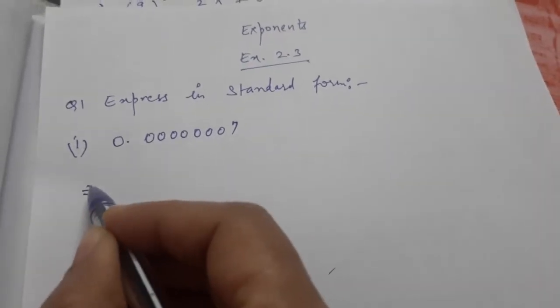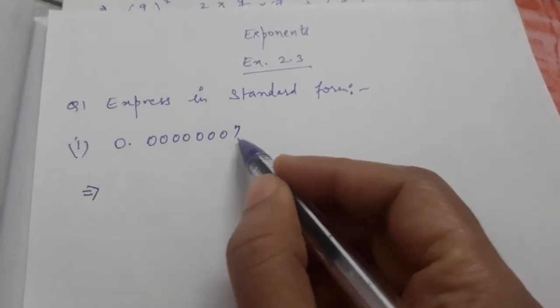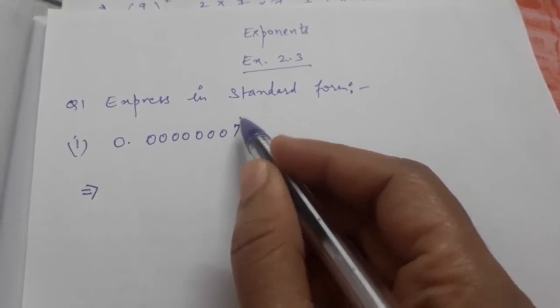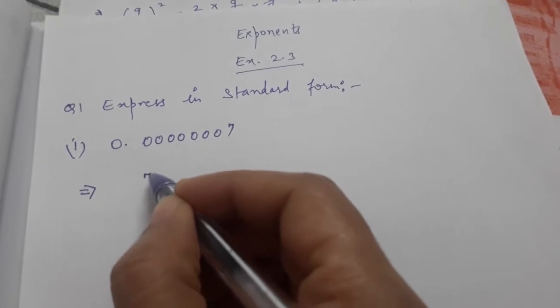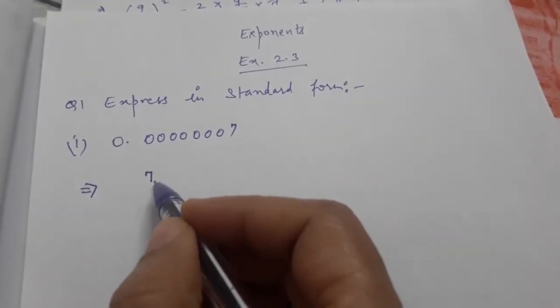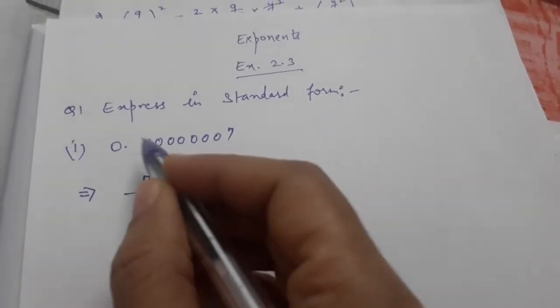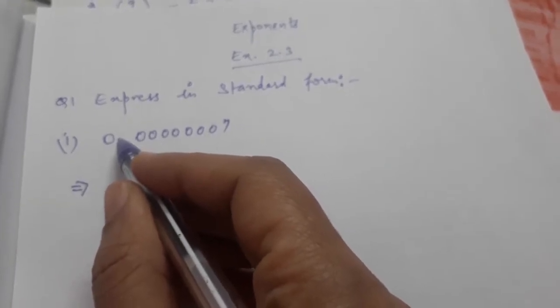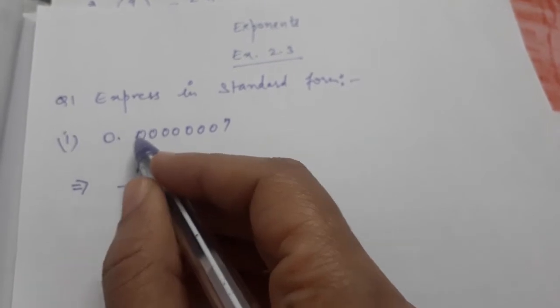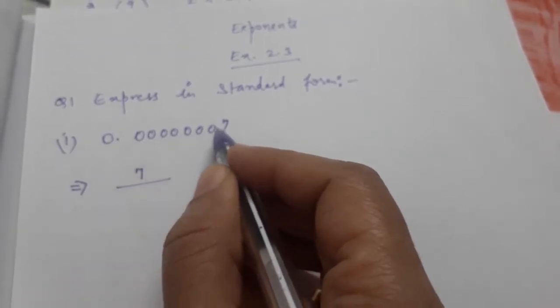first of all, if the number is in one digit only, you just write that one digit number, and count the numbers after the decimal. How many numbers after the decimal? 1 2 3 4 5 6 7 8.